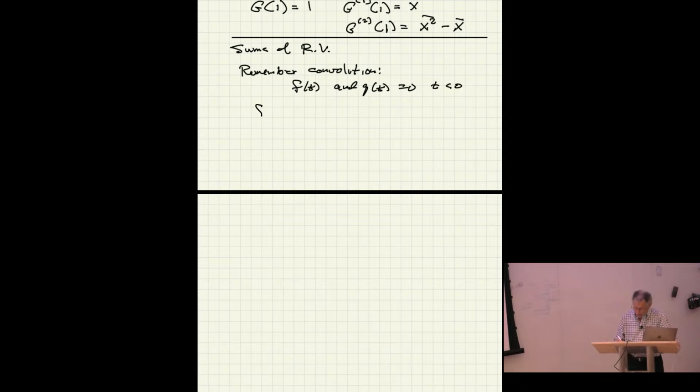Then we defined the convolution of f of t, with the notation star with a circle around it, and g of t, and that was a particular integral, if you recall, from 0 to t of f of t minus x g of x dx.